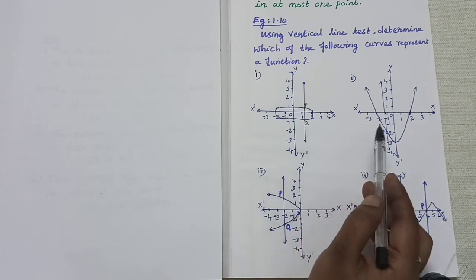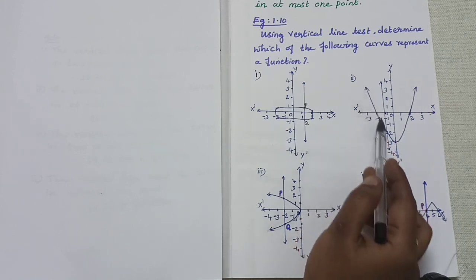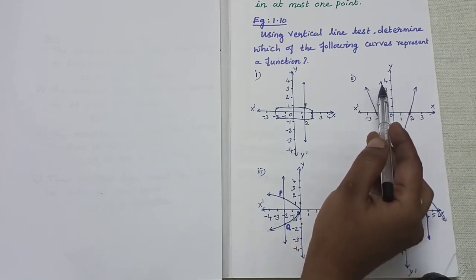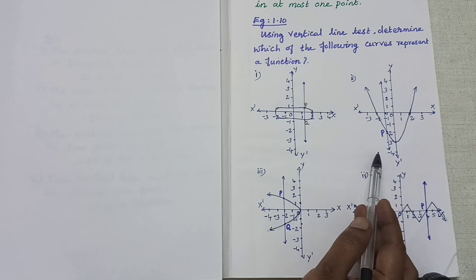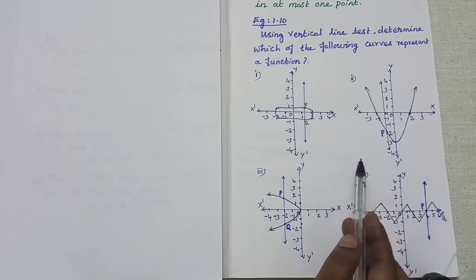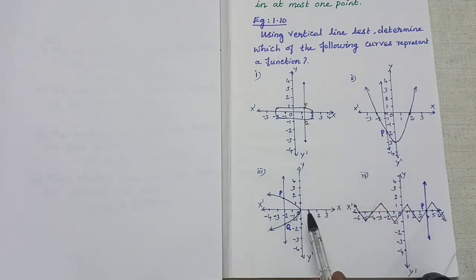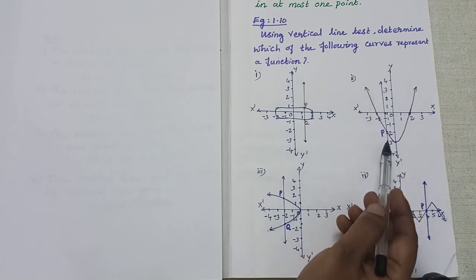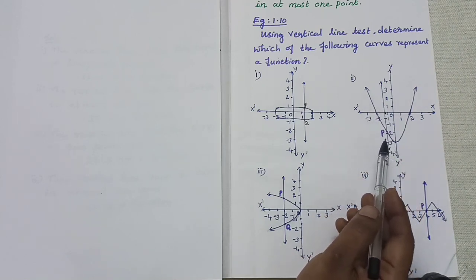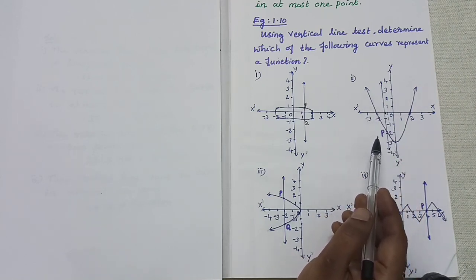Okay, then second one. This is the curve. Then this is the vertical line. So how can we write the answer? The vertical line meets the curve in at most 1 point.